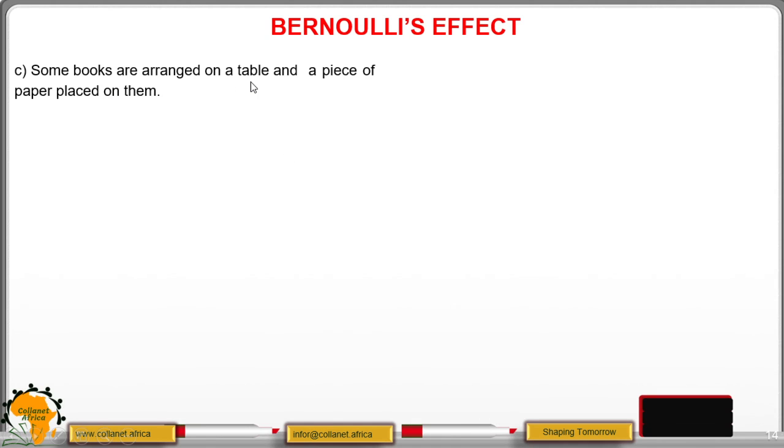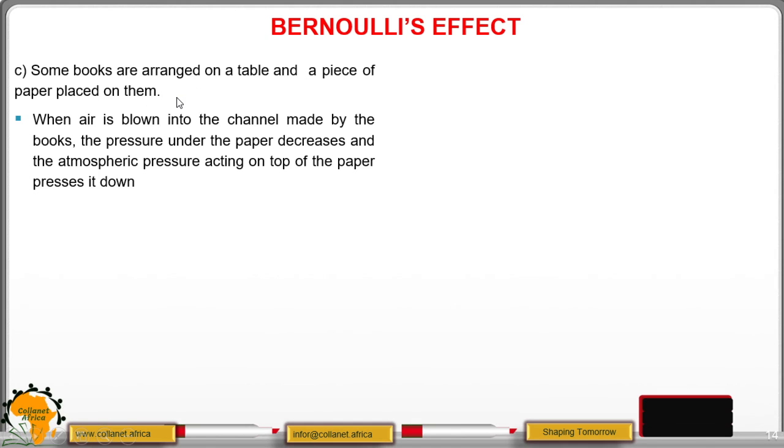Some books are arranged on a table and a piece of paper placed on them. When air is blown into the channel made by these books, the pressure under the paper decreases, and the atmospheric pressure acting on top of the paper presses it down, so the paper will go down.